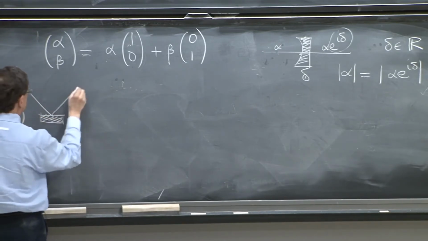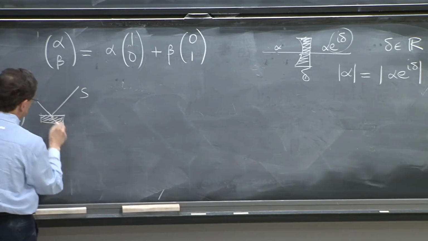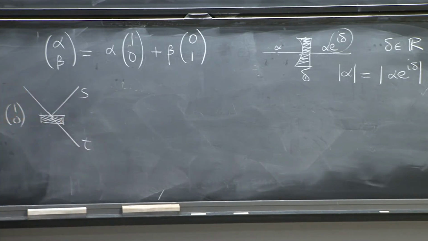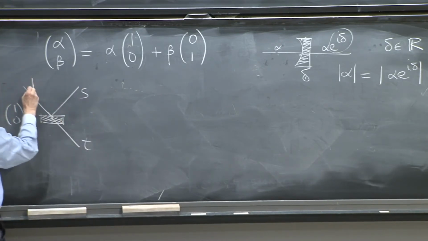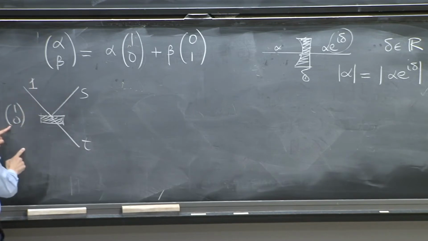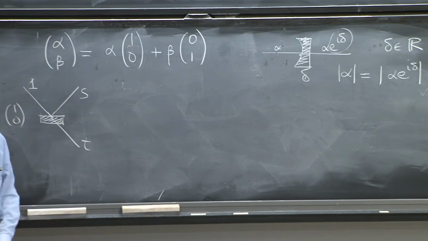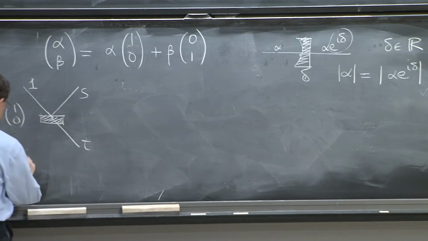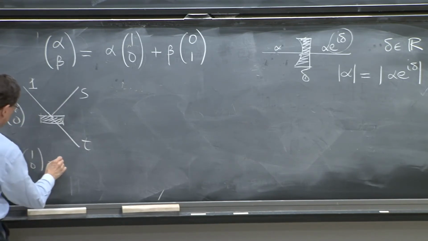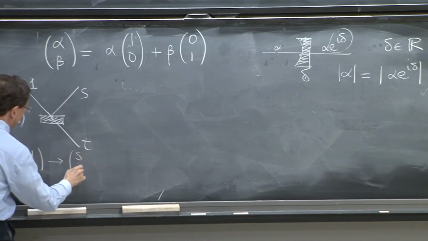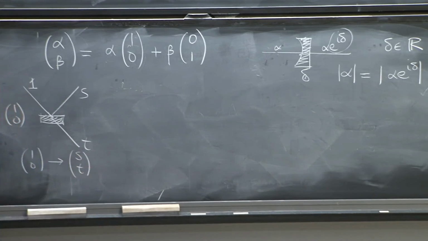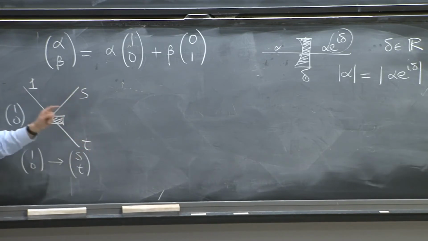And then it would reflect some and transmit some. And here is a 1, is the 1 of the 1, 0. And here's an S and a T, which is to mean that this beam splitter takes the 1, 0 photon and makes it into an S, T photon, because it produces a beam with S up and T down.